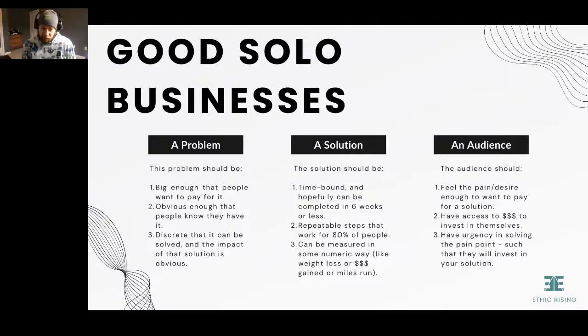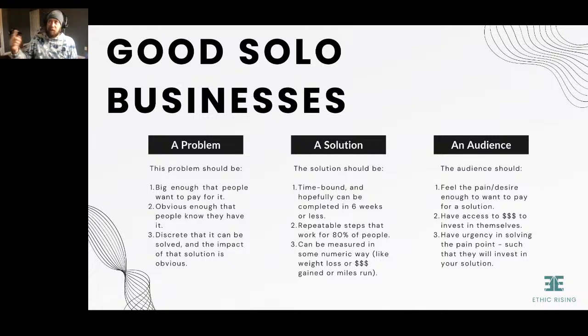Lastly, they should have urgency in solving the pain point such that they will invest in your solution, meaning that a good solo business and a good audience, they want to solve this problem quickly. That's why they're willing to pay you. For instance, if I have a running toilet, right?